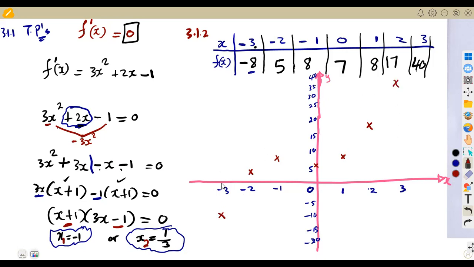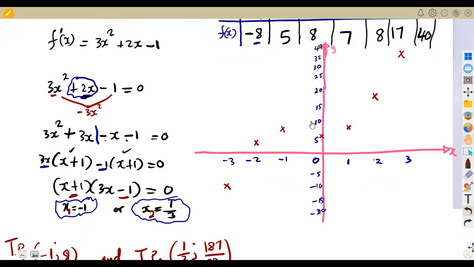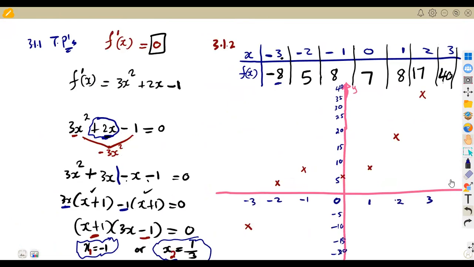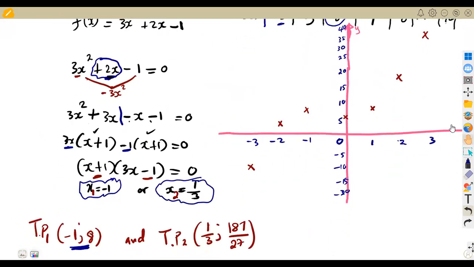So with these points, we're supposed to join them, but noting that, remember, we have our turning points there. The turning point at -1,8 is the same point that we have also on our table here. We've got -1,8, this point, which means we've got a turning point there.